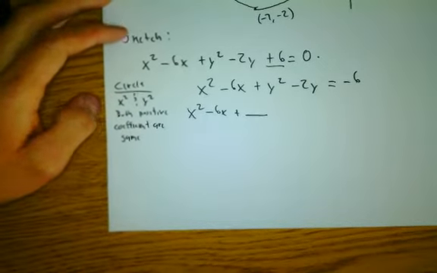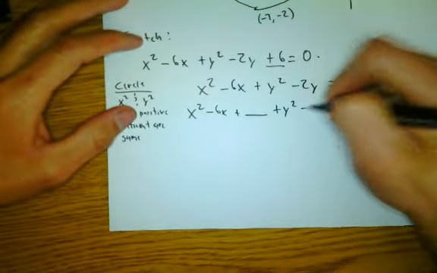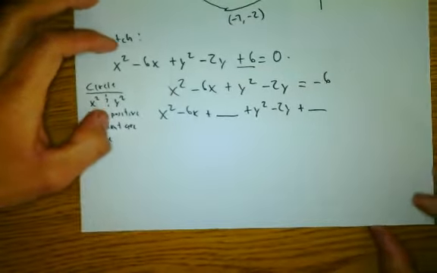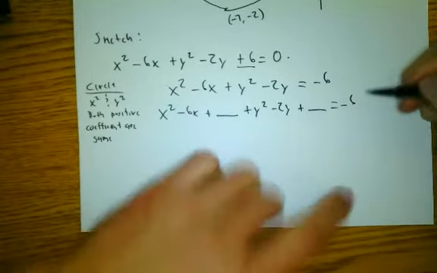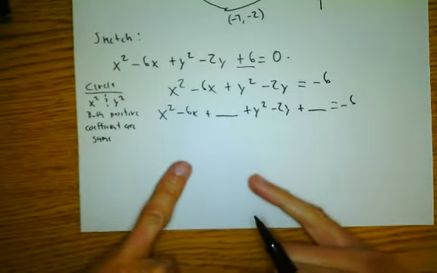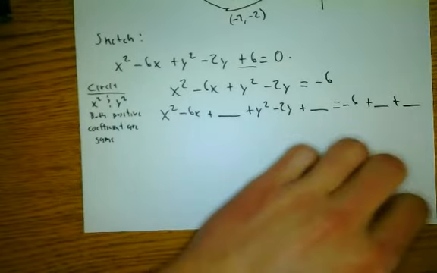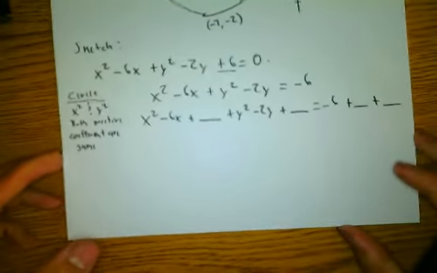And also with this one, because you have to do it with the y squared. However, if you're going to add a number to the left side, you have to add a number to the right side. Okay? So now the question, does anyone remember from Algebra 2 how to find that number? Yes, sir.